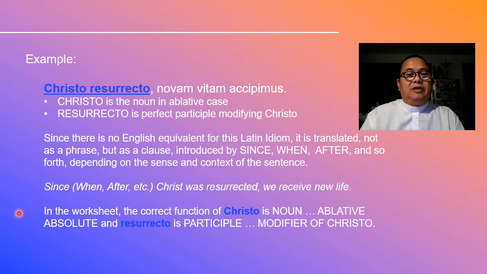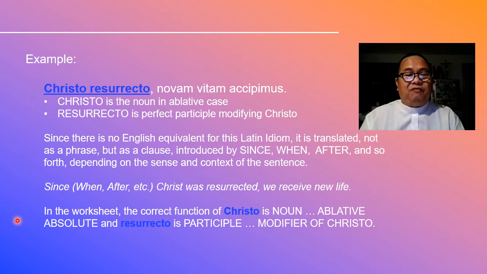So, if this now appears in your worksheet, how will you go about it? When I ask you to analyze Christo, of course it is a noun, and it is the ablative absolute. And resurrecto is the participle. No need to identify whether it is present, perfect, future, gerundive. Participle is the correct answer.